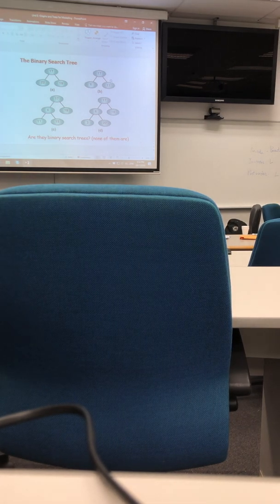How about this one? Why is it not a binary search tree? Certainly it's a binary tree, right? Because the right subtree is not greater than the root. Some nodes in the right subtree, the values are not greater or equal than the node.